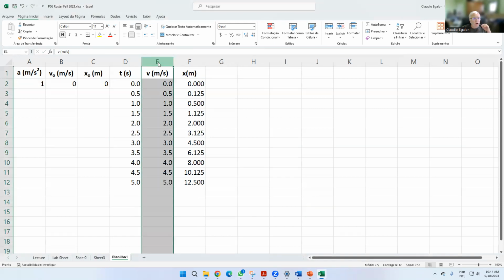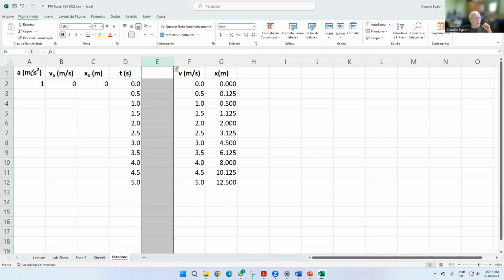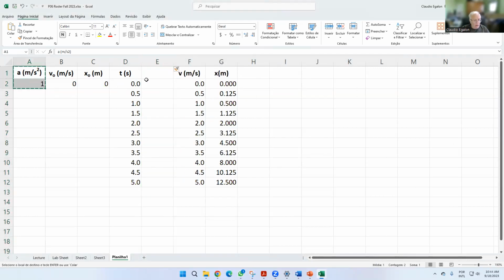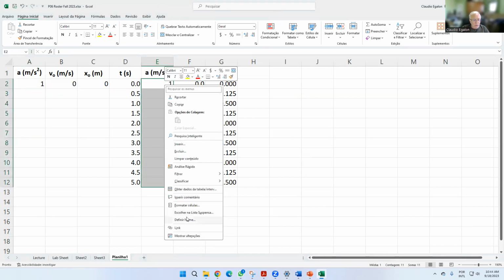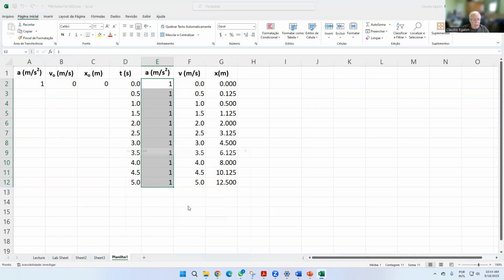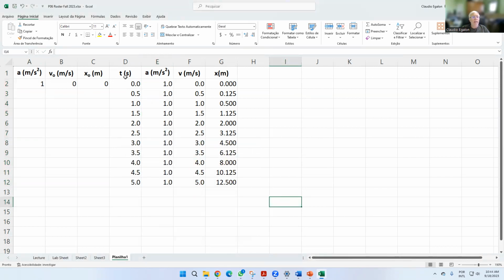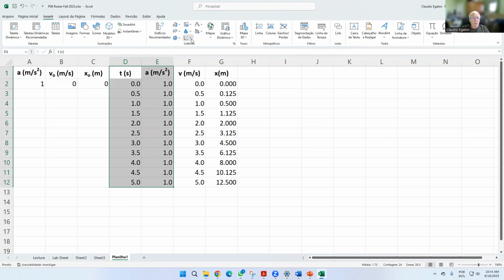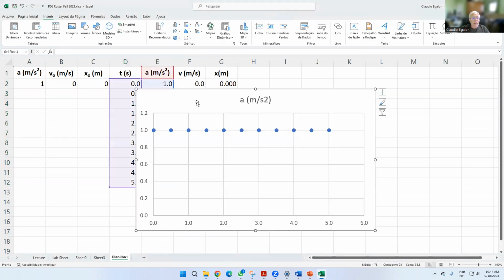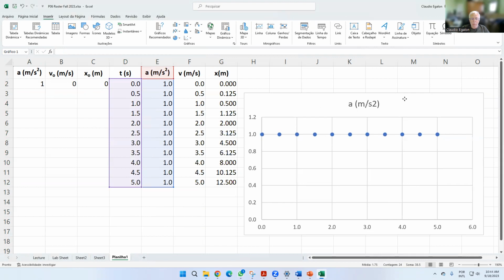And I'm going to do something else too. Since we have to plot the graph for the acceleration, I'm going to put the acceleration here as well. Just 1 decimal place. And if we plot that for the acceleration, you get exactly what I got in my PowerPoint, right?